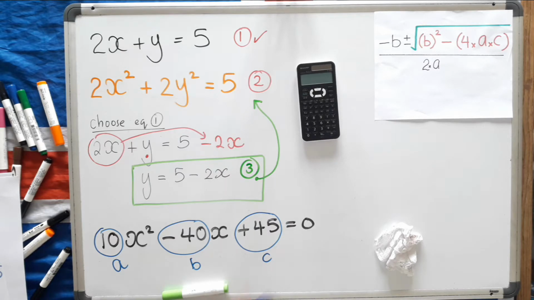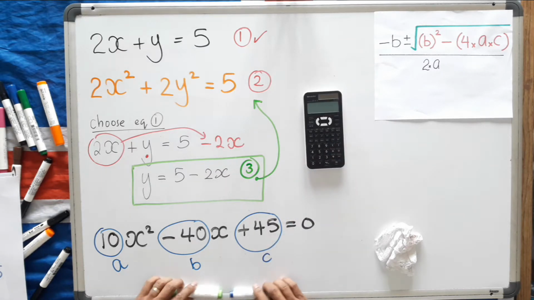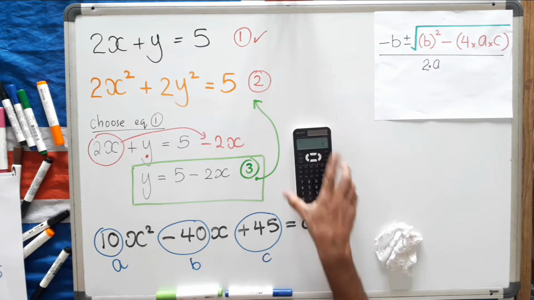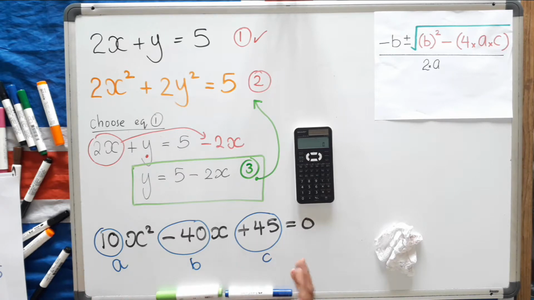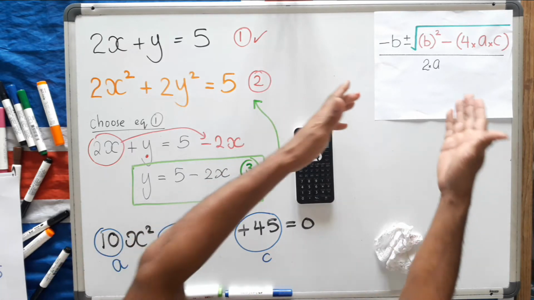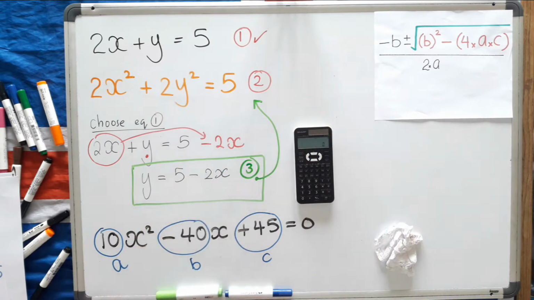If you have one of the Sharp calculators, there's a shortcut to solving the quadratic, once you know the value of a, b, and c. In the exam, it's okay to use the shortcut to check your answers, but you will need to show the examiner that you actually used the formula to get the two answers.